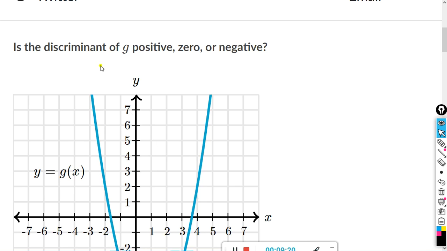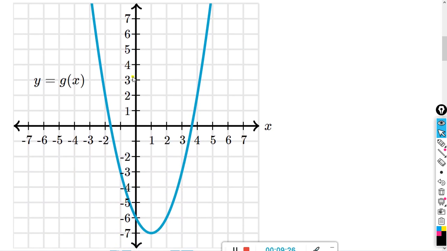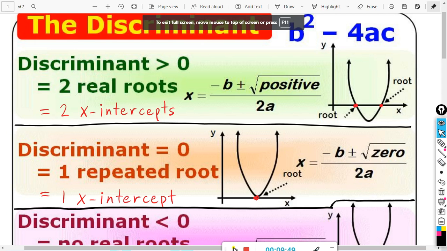Here they ask, is the discriminant of g positive, 0, or negative? So this blue parabola here is the graph of g of x. Clearly we can see the x-axis here. It crosses the x-axis twice, so those are two real solutions or two x-intercepts. Let's check our chart.